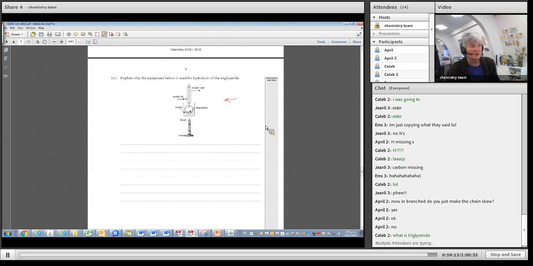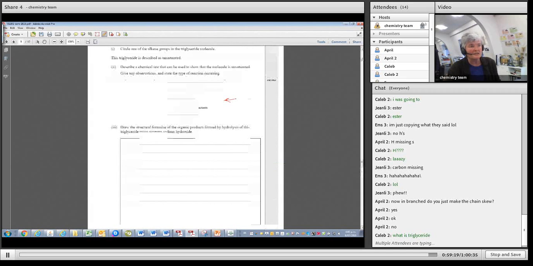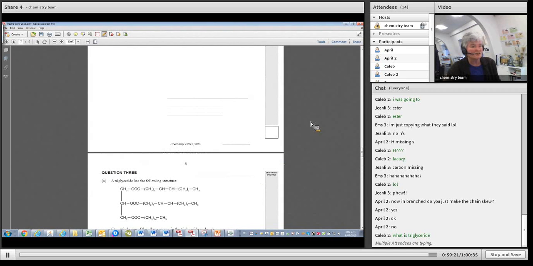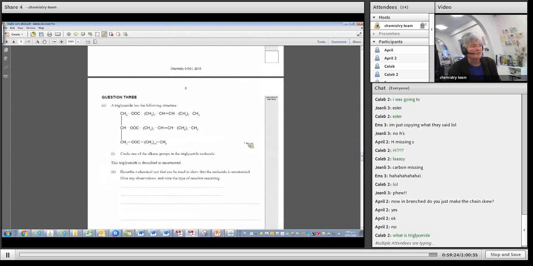So have an idea of, okay, triglyceride, they explain it here. A triglyceride is just simply an ester. So this is your fat, okay? Can you see it's an ester, and it's tri because there's 3 of them, and this is the fats that occur in your body.